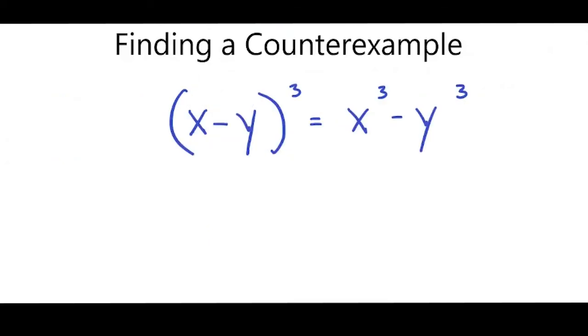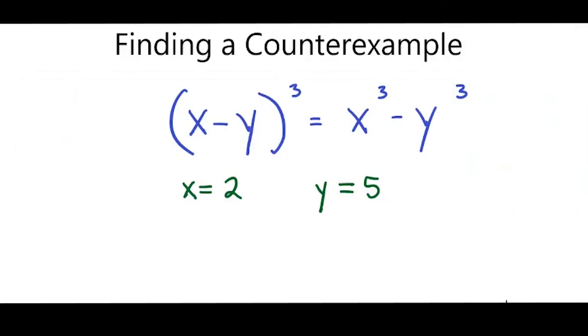So here I have x minus y cubed is equal to x cubed minus y cubed. And I need to find a counterexample to prove that this is not true. So I'm going to try x equals 2 and y equals 5. Let's see if that works.